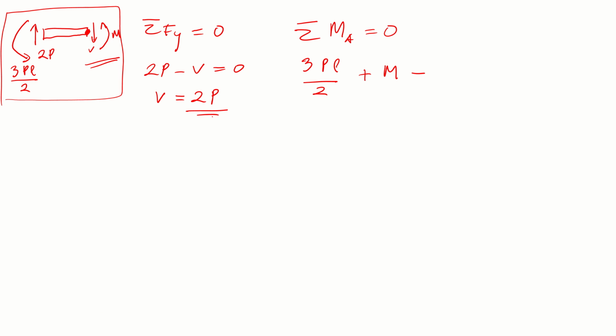M is counterclockwise and 3PL per 2 is counterclockwise as well, and the moment due to V will be clockwise, that's why it's minus. The length of this is supposed to be L per 4, and V just now is 2P. So 2P multiplied by L per 4 equal to 0.